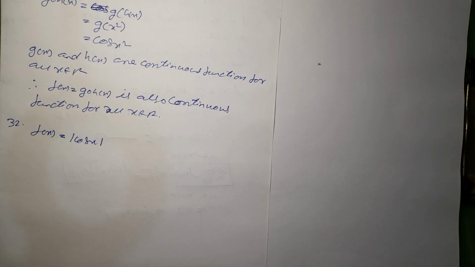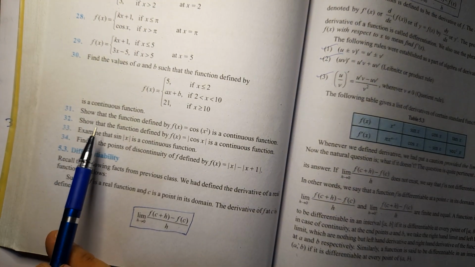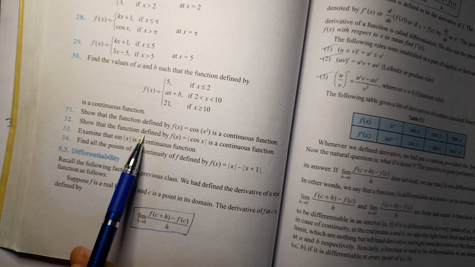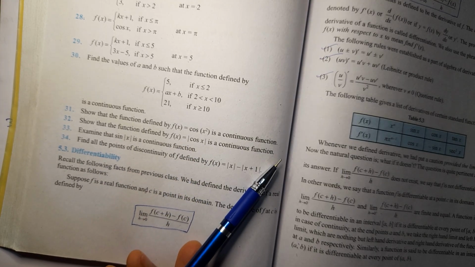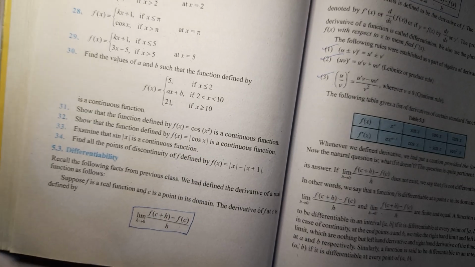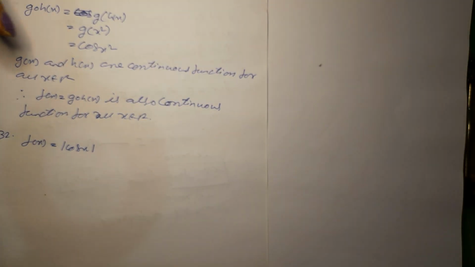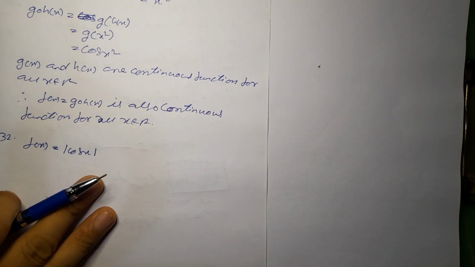The question is: show that the function defined by f of x is equal to modulus cos x is a continuous function. So here also we have two functions. One is a modulus and one is trigonometric.